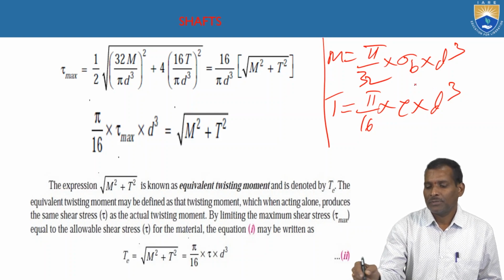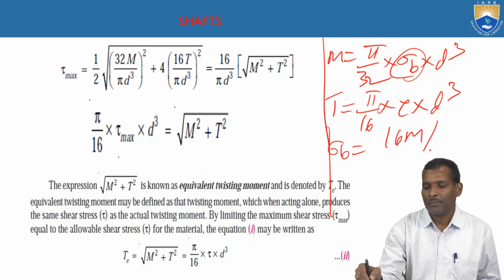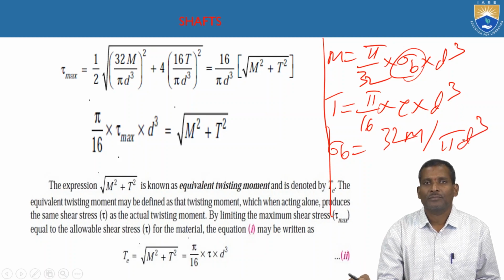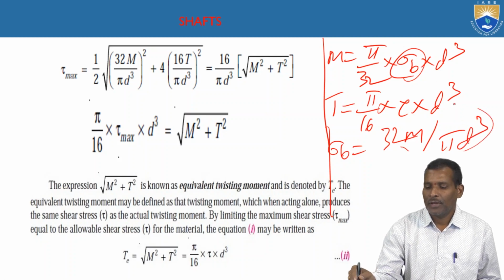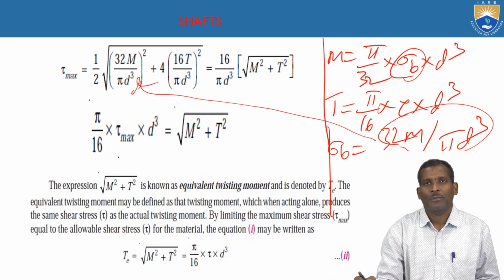From this equation, find sigma b, which is equal to 32M by pi d cube. Substitute this value in the previous equation.